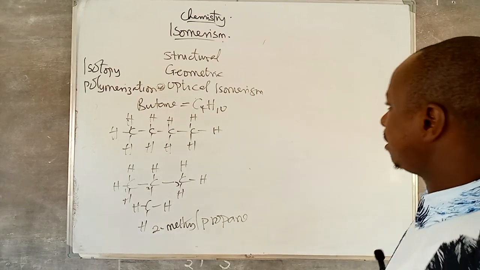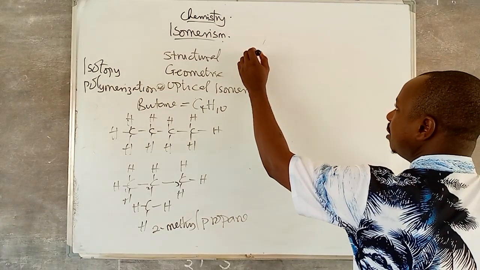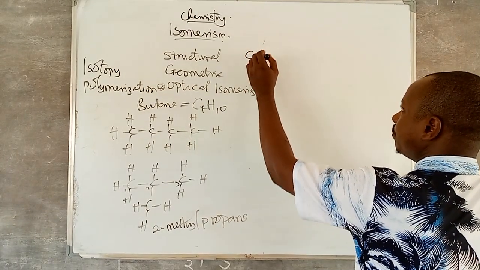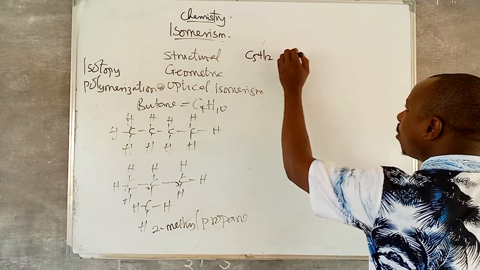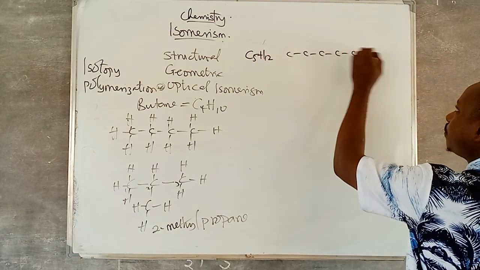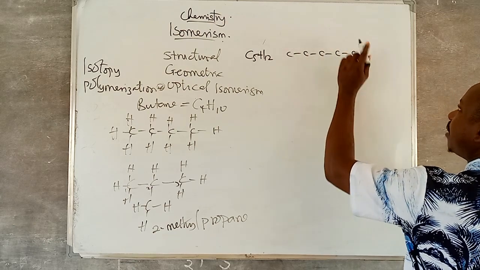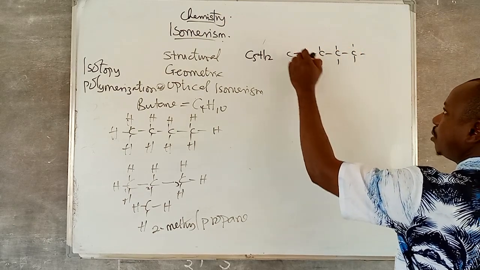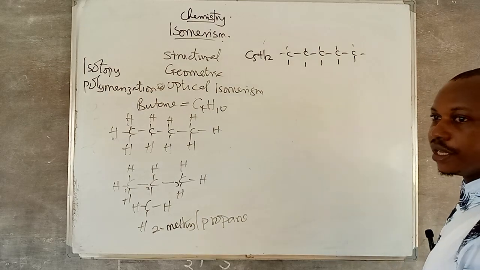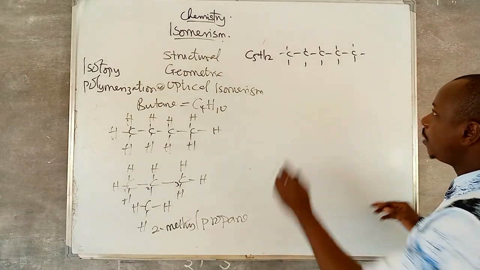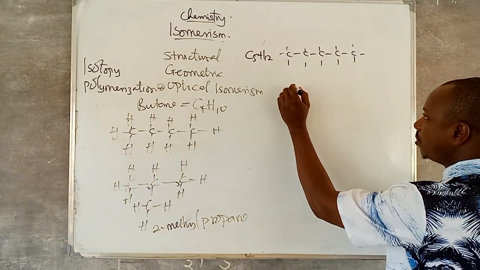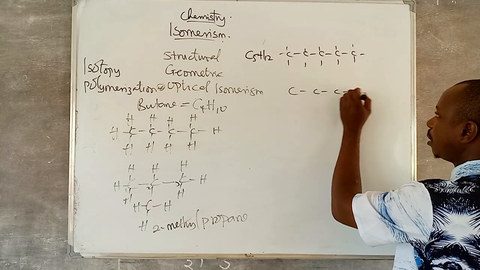Let's check that of pentane. Pentane is C5H12. Normal pentane is 1, 2, 3, 4, 5. So fill others with hydrogen. This is a normal pentane. Now, an isomer of pentane will be 1, 2, 3, 4.